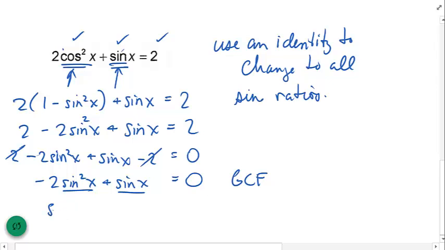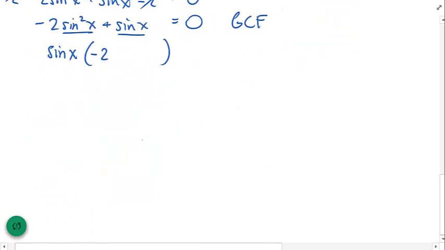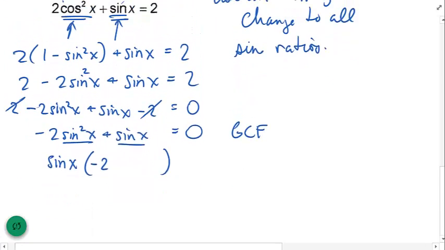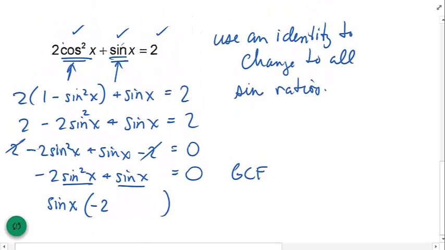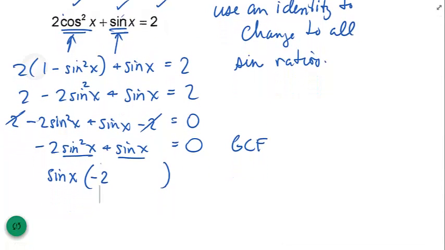So when I factor out sine of x from both terms, I have sine of x times negative 2 sine of x plus 1.